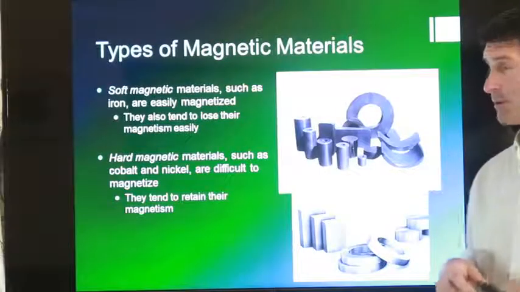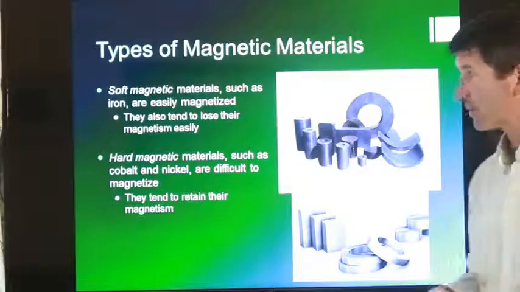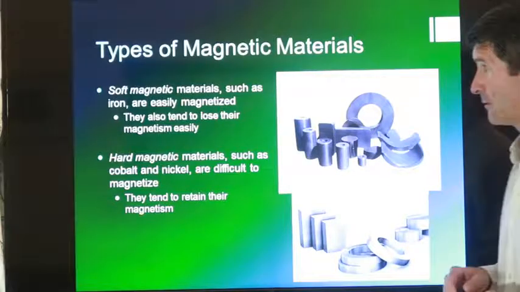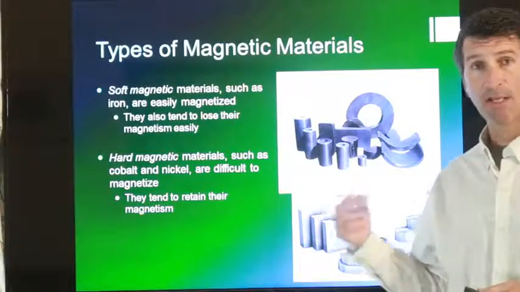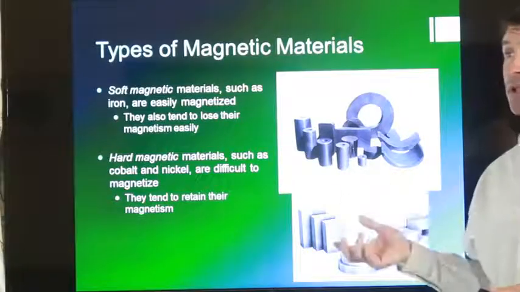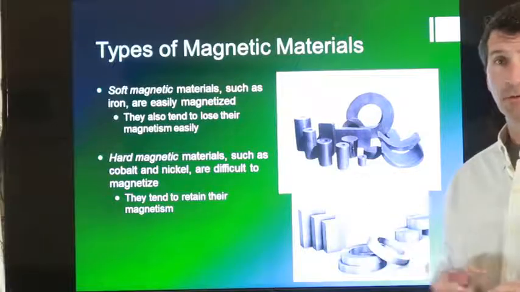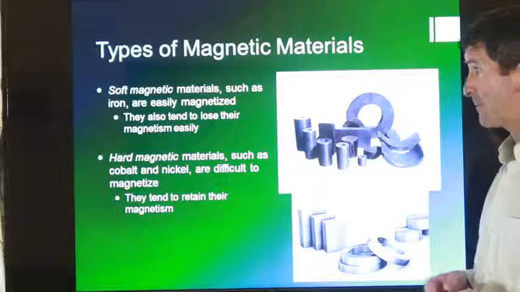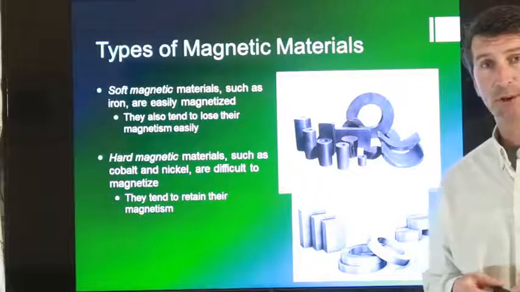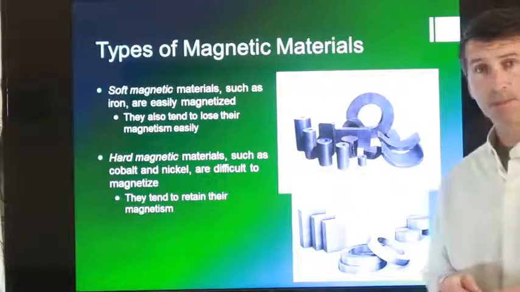Types of ferromagnetic materials, we have our soft magnetic materials. Iron is easily magnetized, it also easily loses its magnetic field. And what this means is that it's very good for use in recording materials such as magnetic tapes and disk drives for storing information.